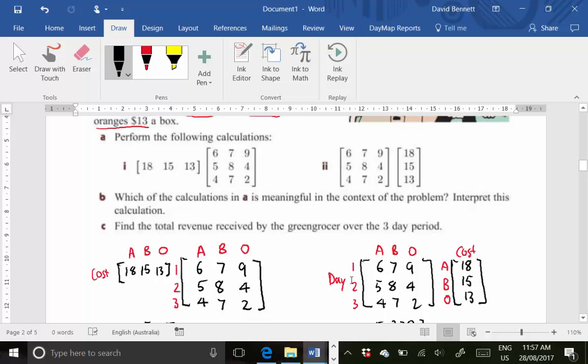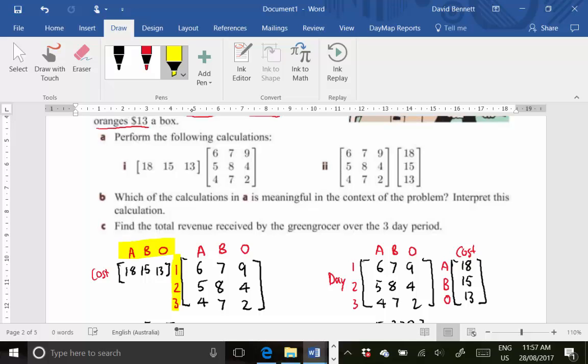The key thing when I'm looking at the information is that this column with that row need to be compatible. Are they compatible? No, they're not really.